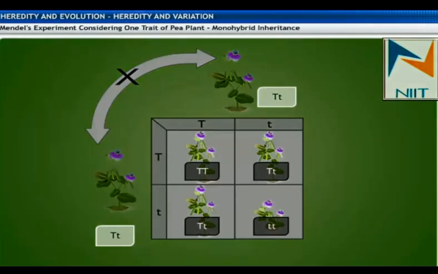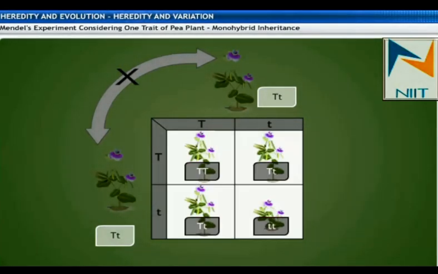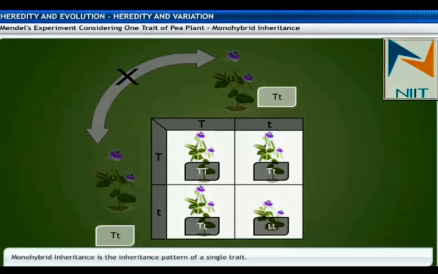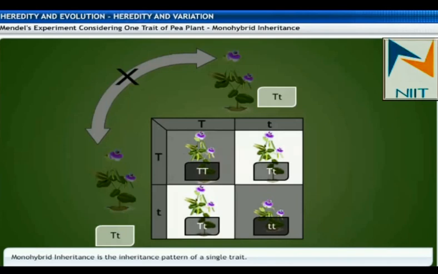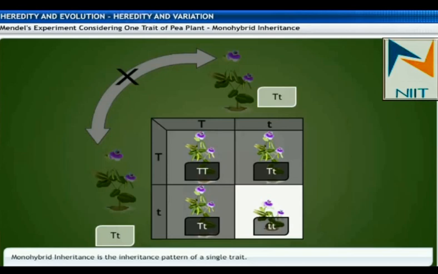Now, let's see the entire experiment in the form of genotypic and phenotypic representation. From the Punnett square, it is seen that random fertilizations result in 1/4 TT, half Tt and 1/4 tt.